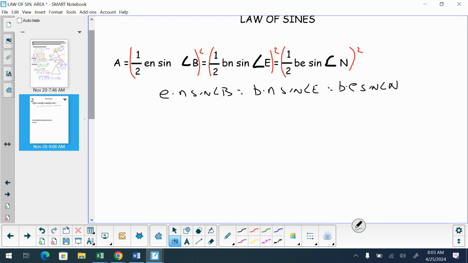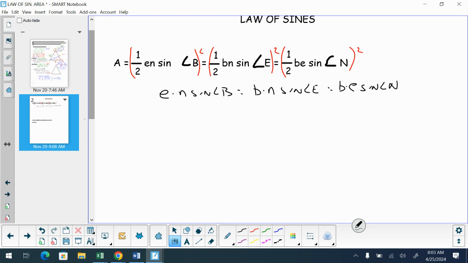Now, we have said this shape is a triangle, which means none of the sides have a length of 0. You have to have length to any of the sides, because if one of those sides is 0, then you don't have a triangle. So B, E, and N have to be values greater than 0. They cannot equal 0.